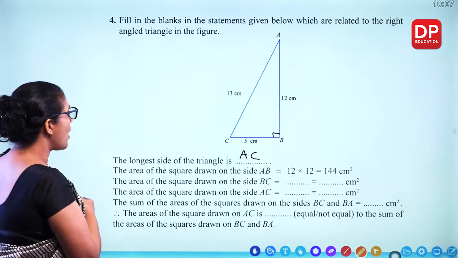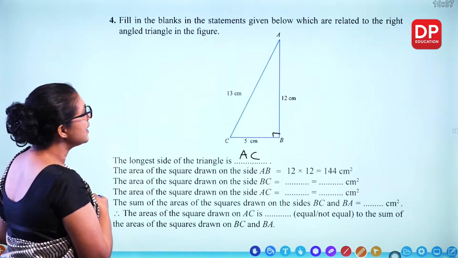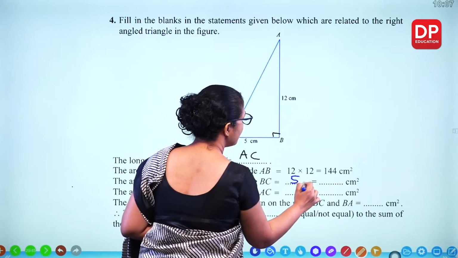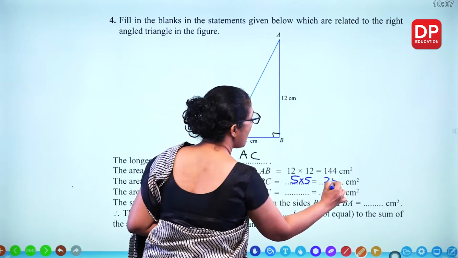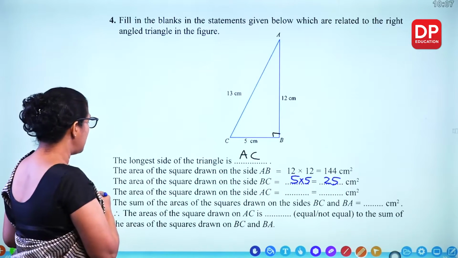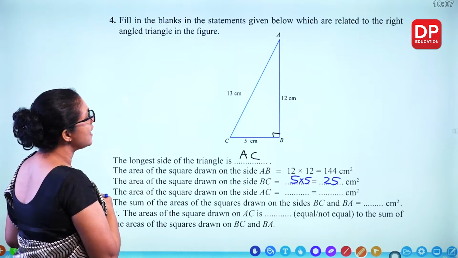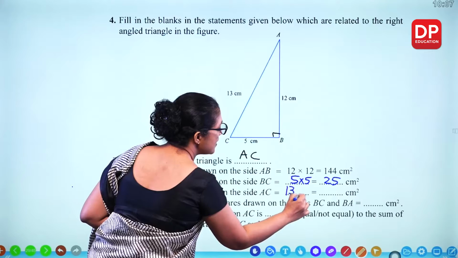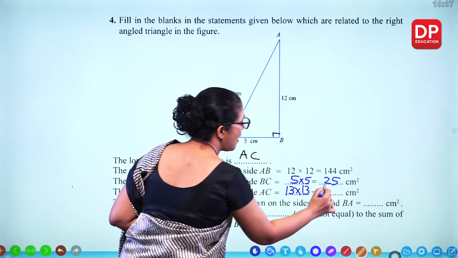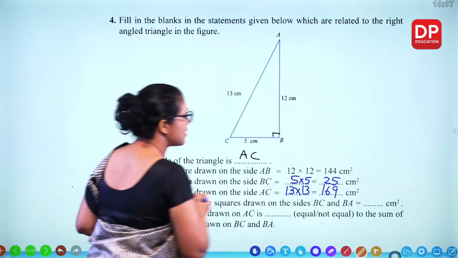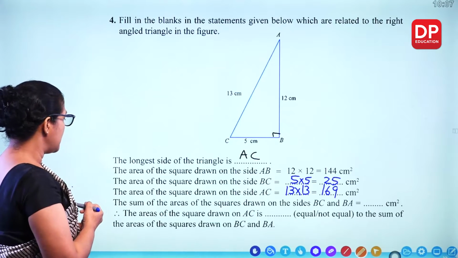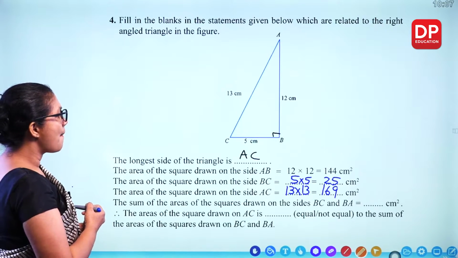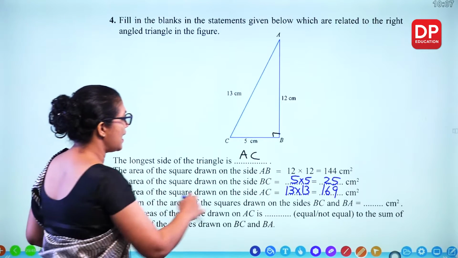The area of the square drawn on the side BC, that's 5 times 5, 25 centimeters square. The area of the square drawn on side AC, so 13 is one's length, 13 times 13, 169 square centimeters.